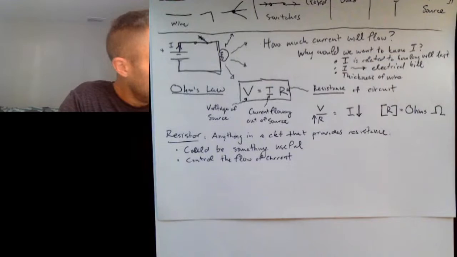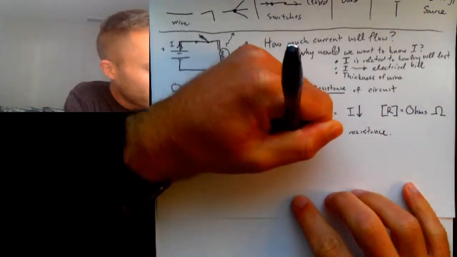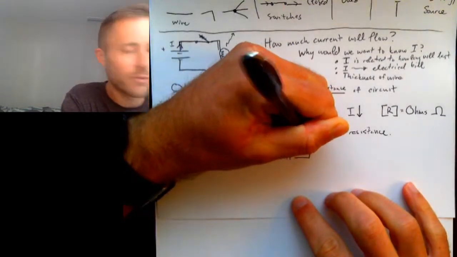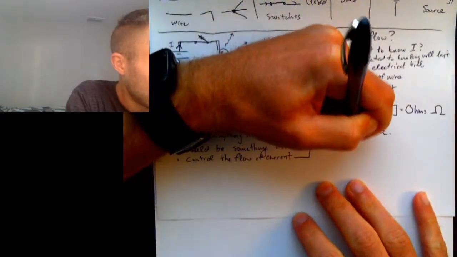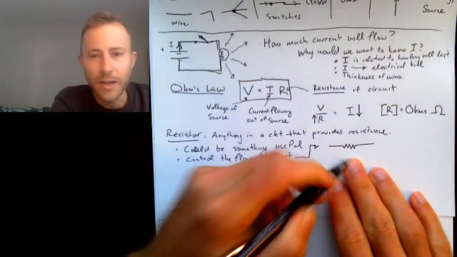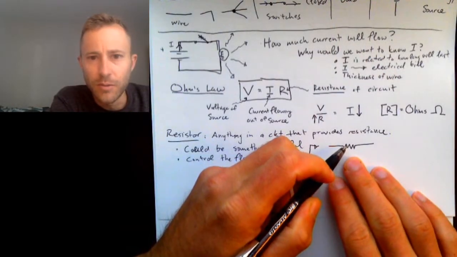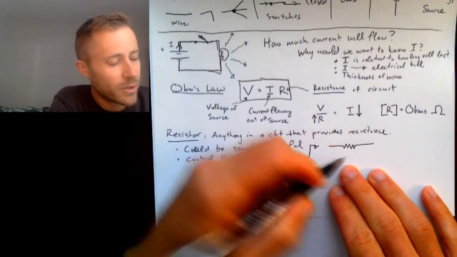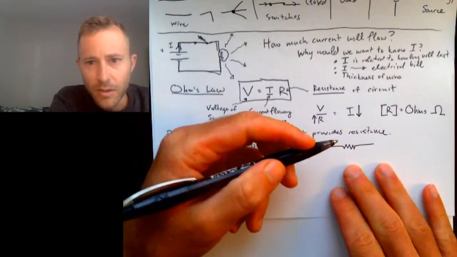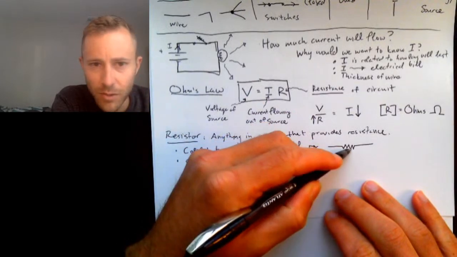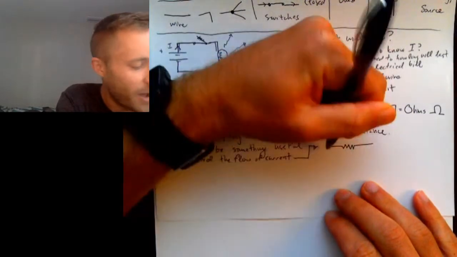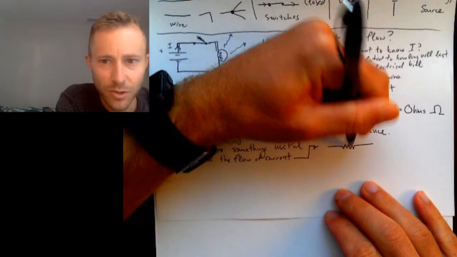So when we're talking about a resistor that is simply controlling the flow of current, we represent it by a jagged line. The reason this symbol is chosen is you can imagine walking along a wire, along a path, and that path had a bunch of jagged turns in it.